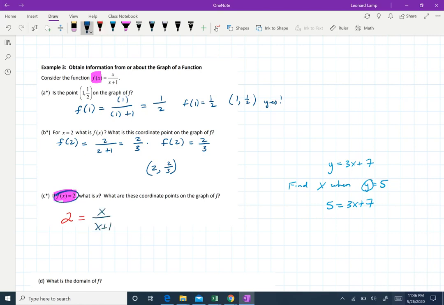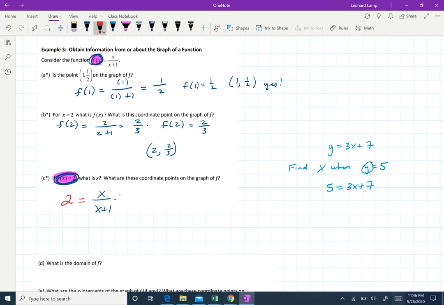So I'm substituting in 2 for this f of x term and just solving. I'm going to multiply both sides by x plus 1, so these would divide out here. Be careful here, I have to multiply. So I have 2x plus 2 equals x. Subtract 2x, you get negative x. So x is equal to negative 2. So you found x is equal to negative 2.